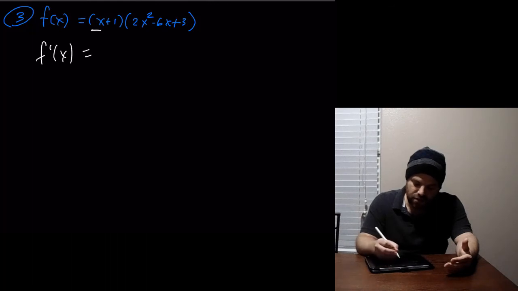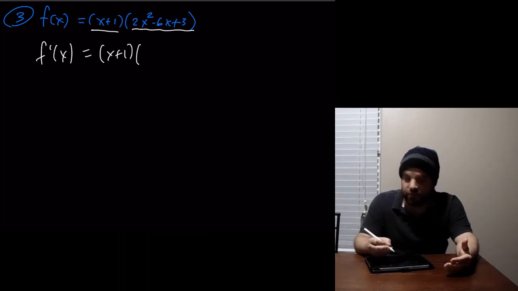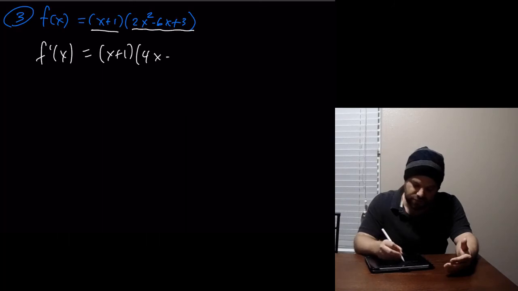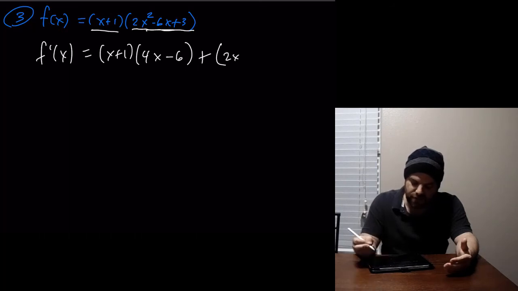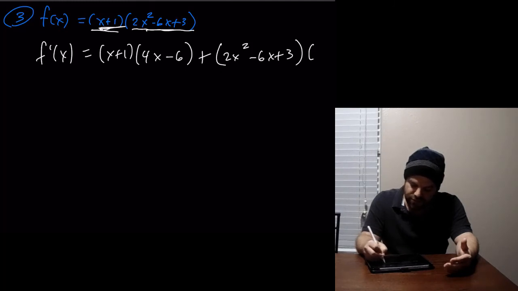So here I will take the first term, multiply that by the derivative of the second term. And it's thundering outside actually where I am. So we've got 2 times 2, which is going to be 4x minus 6. Okay, that's the derivative of the second term. So now we're going to take the second term, just copy the second term, which is this one right here, minus 6x plus 3.